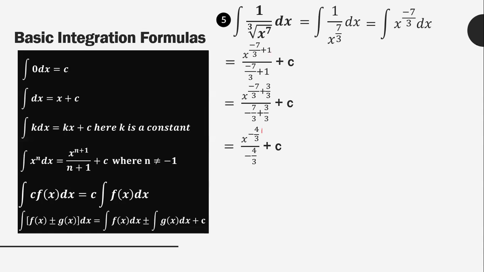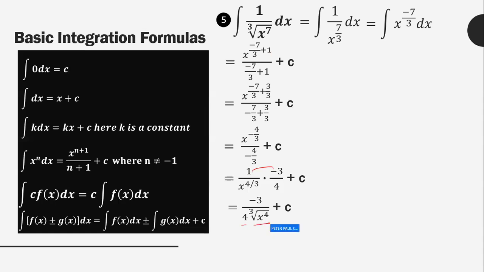Then we will apply KFR, which is keep flip reciprocal. So by keeping, and then we put x raised to negative 4 here, so it becomes positive 4 over 3. And then we get the reciprocal of negative 4 over 3, that is negative 3 over 4. Next, we multiply negative 1 times negative 3 is negative 3, and then we will rewrite it as 4 the cube root of x to the 4th.